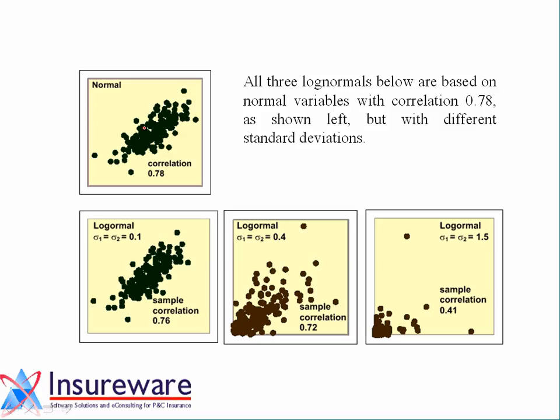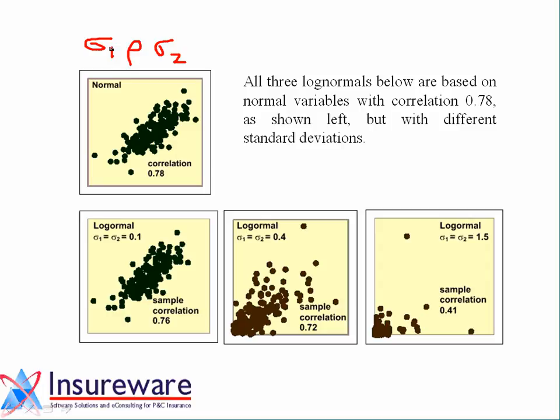What you could do yourself is simulate from two normals that are correlated. Without loss of generality, you could assume that the mean of each normal is 0. So we've got three parameters: the standard deviation of one, the standard deviation of the other, and their correlation.